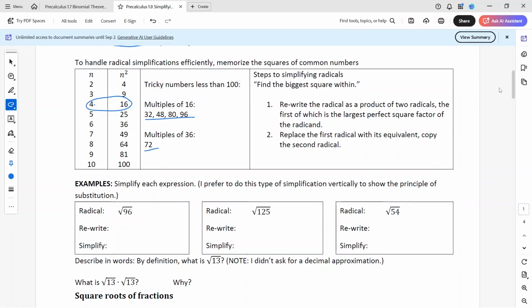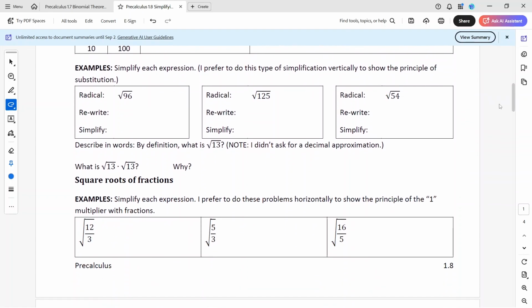So what I always do is this, and you should be practiced at it just from 3 years of previous math courses. If you want to pause and look at those instructions, you can, but I'm just going to sail into it. I always choose the biggest number that's a factor of 96. That's where that 16 times 6 would come in.